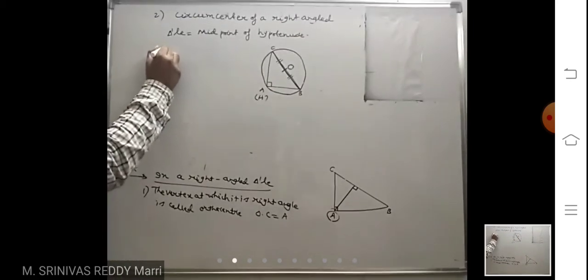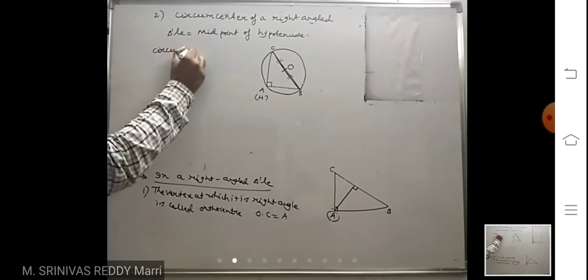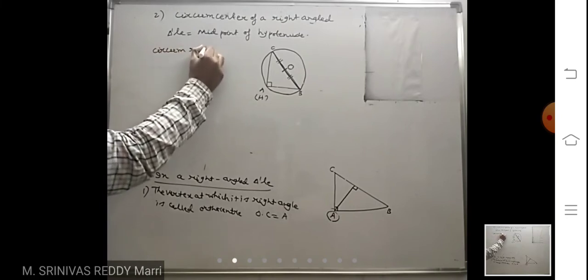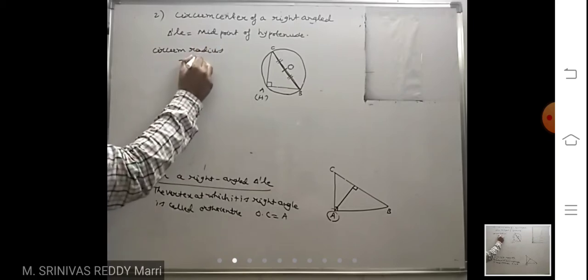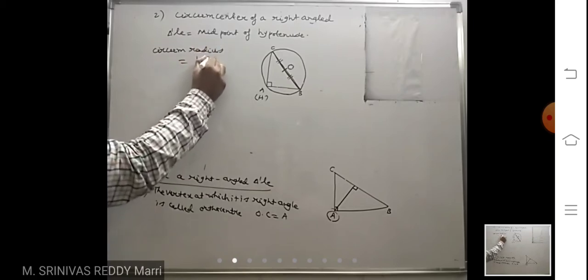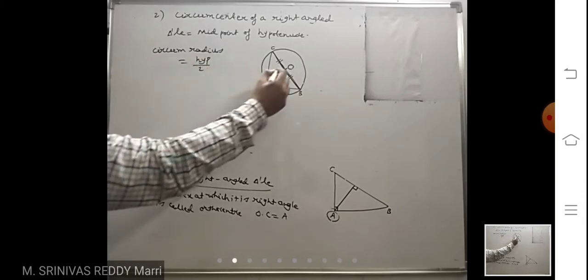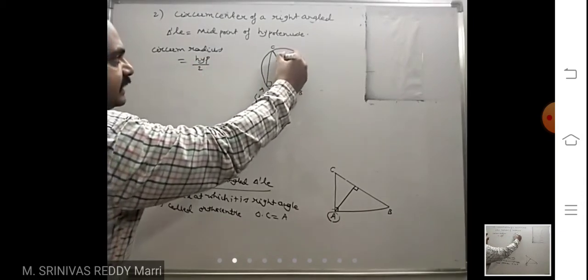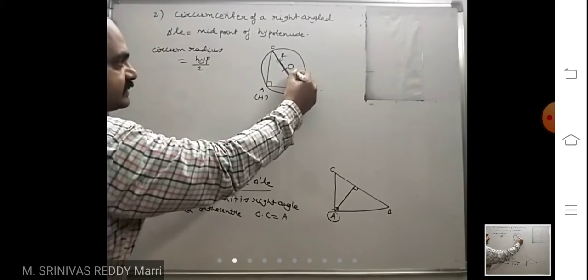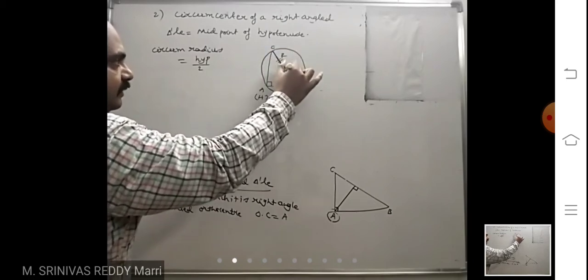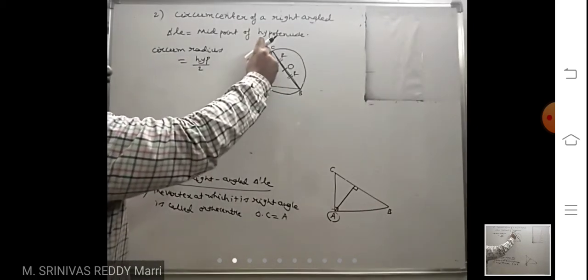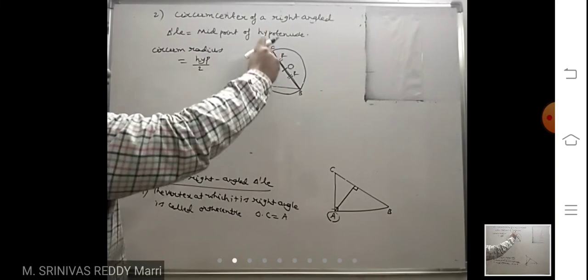Now in this case, circumradius. For a right angle triangle, circumradius equals hypotenuse divided by 2. This is nothing but R, circumradius. From center to this point on the circle is nothing but the radius of the circle.